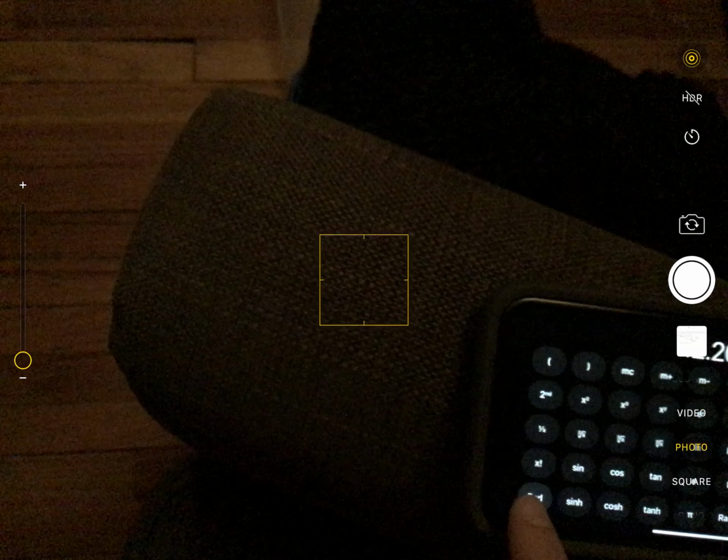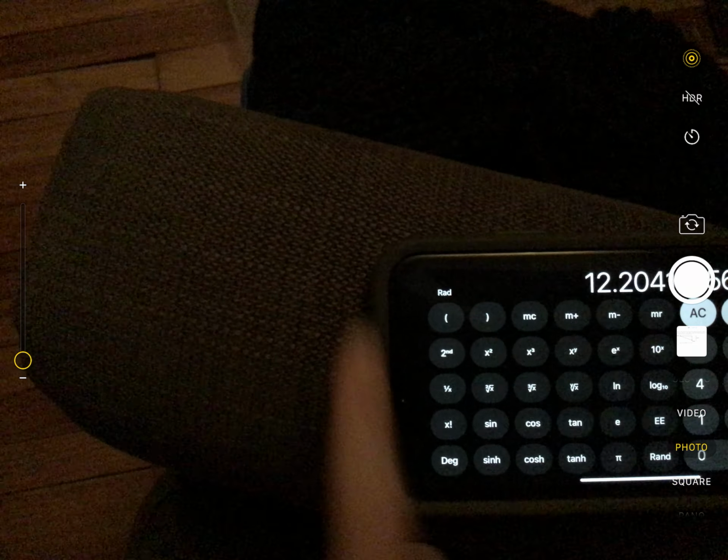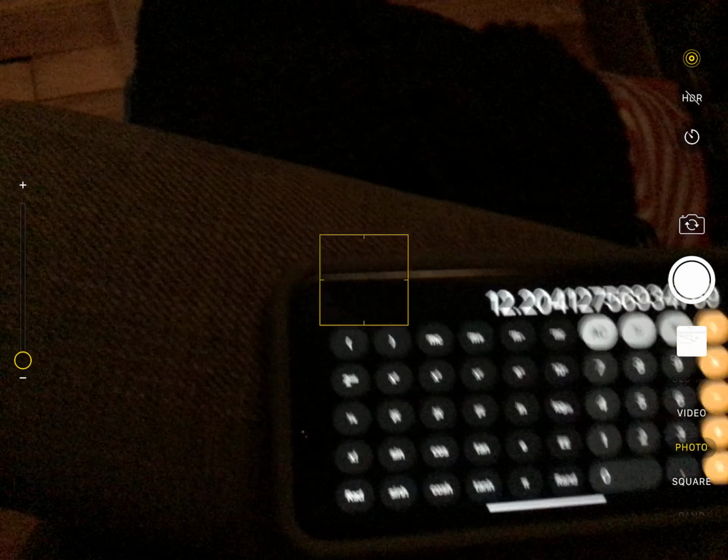If you're trying to do it on at least an Apple device, there should be a button at the bottom that just flips it from radians to degrees. If you see it saying radian, you're in the wrong mode and it's not going to work right. You need to be in degrees.